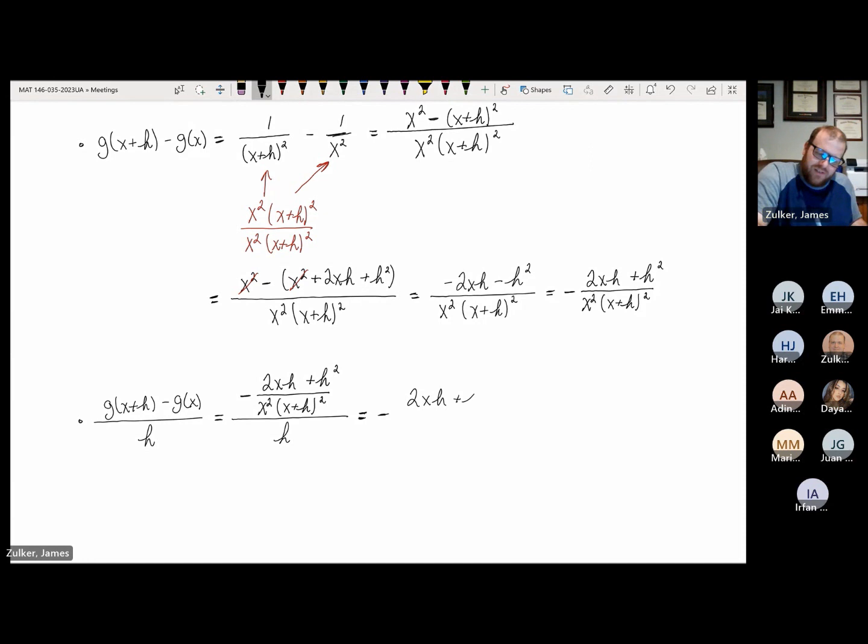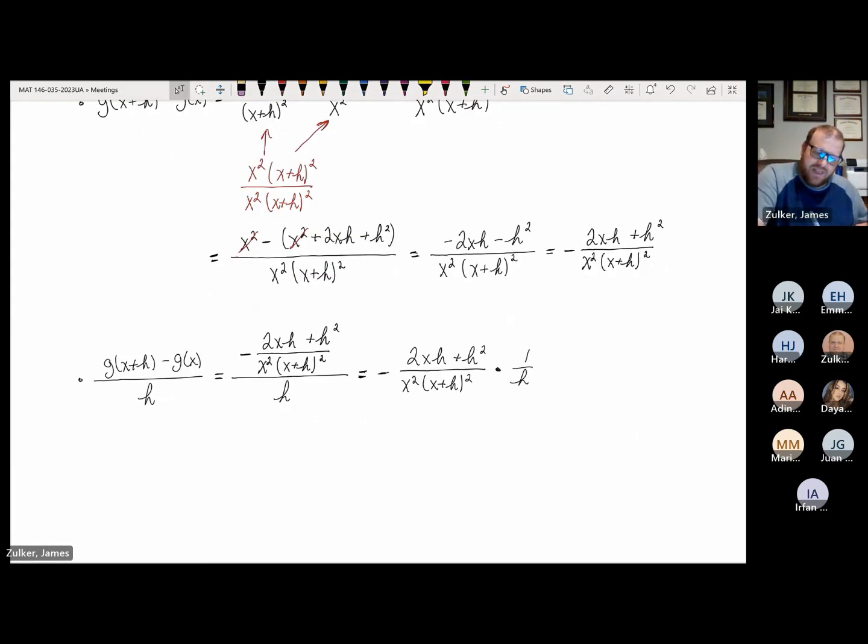Take the numerator and multiply by the reciprocal of the denominator. Remember that? And then when you multiply fractions, you of course just multiply straight across.